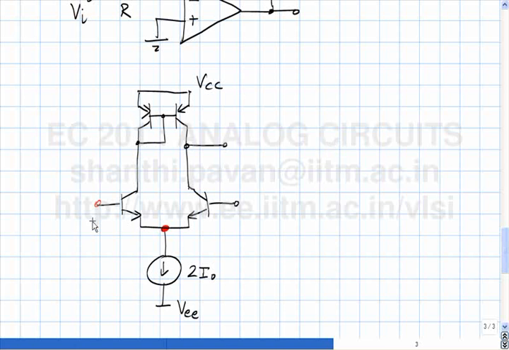Okay. So which is the negative terminal? Left or right? This is the negative terminal. This is the positive terminal. What should happen to the positive terminal? Must be grounded. The negative terminal must go between the output and the input.